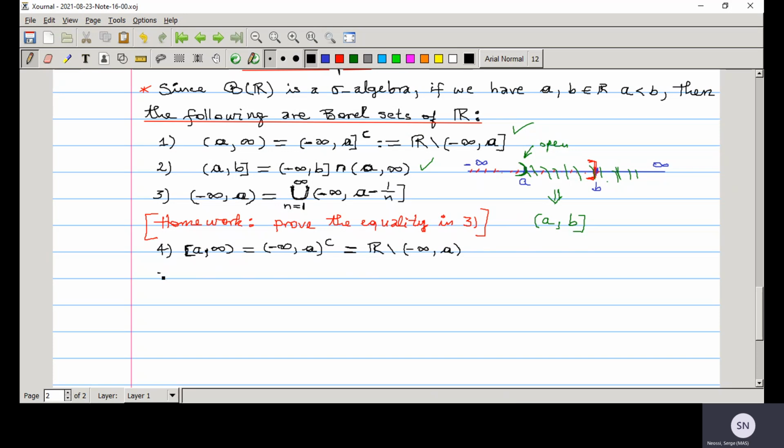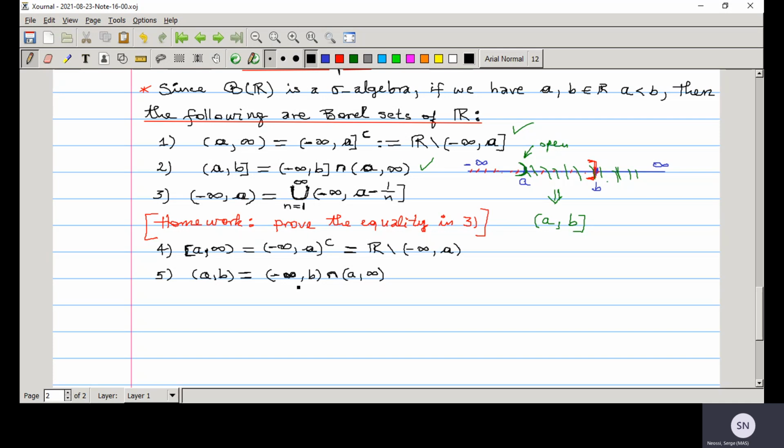All right, now the fifth structure. We can write the open interval AB. The open interval AB, you just take the intersection of negative infinity to B, like this, with A to infinity.